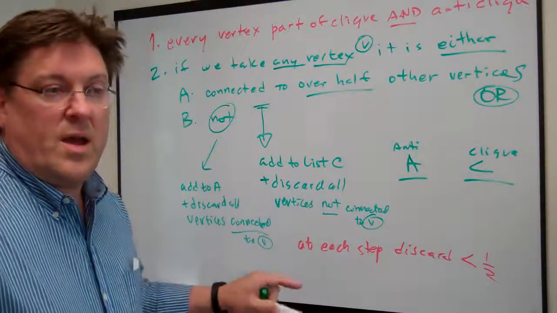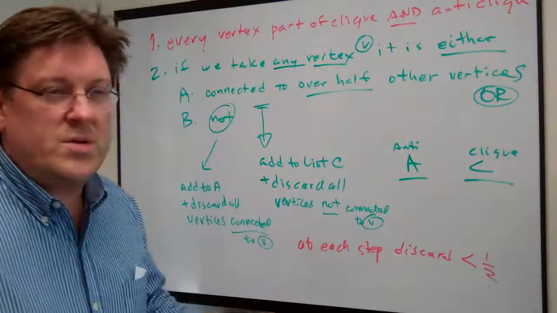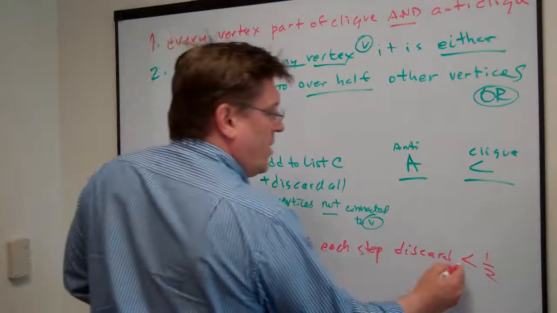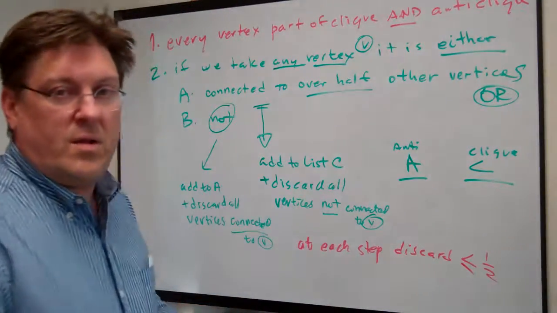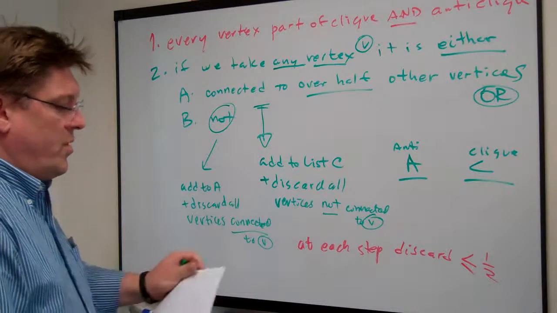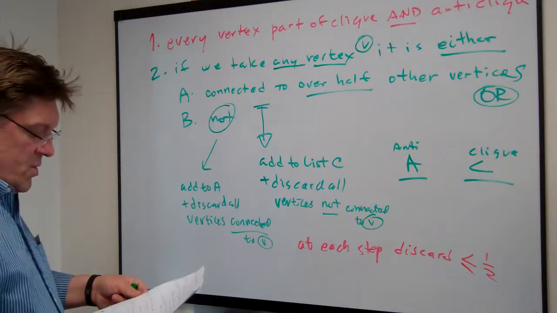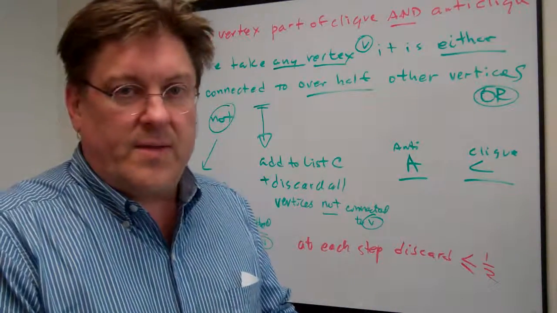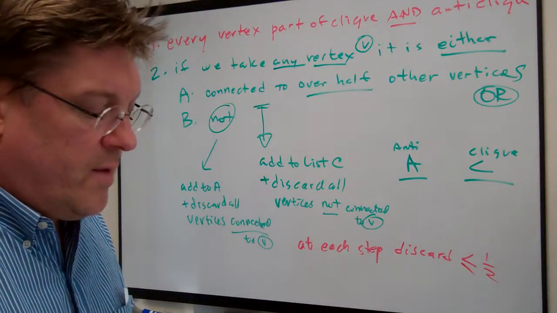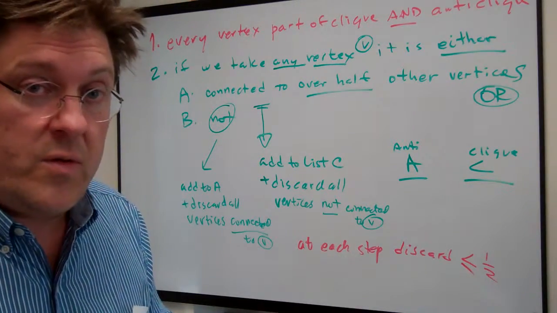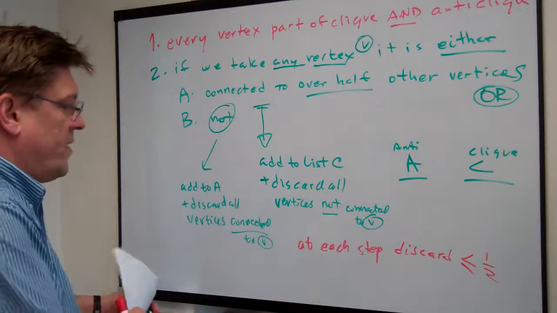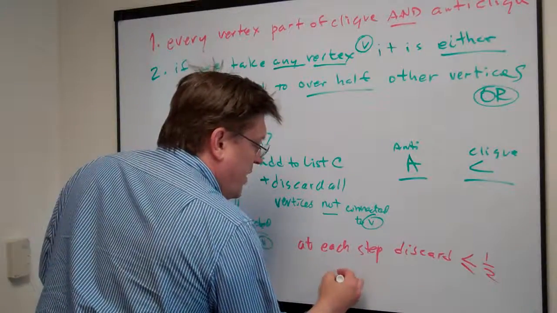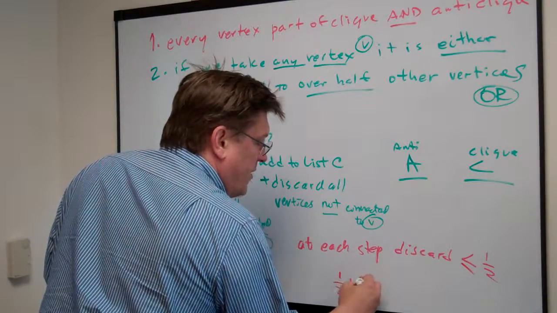We're discarding at most half. I mean, no more than half. So if we go through this process step by step, then what's going to happen is we'll have at the very most log n steps. Actually, it's 1/2 log n steps because we have two lists.